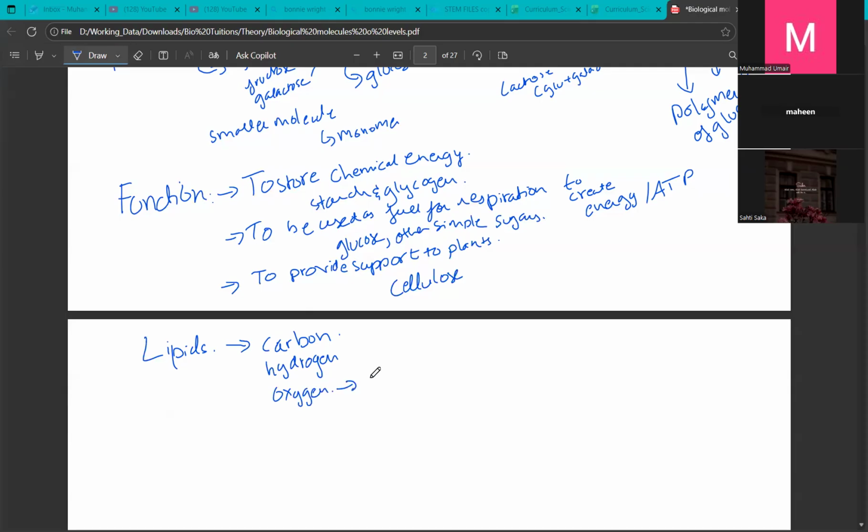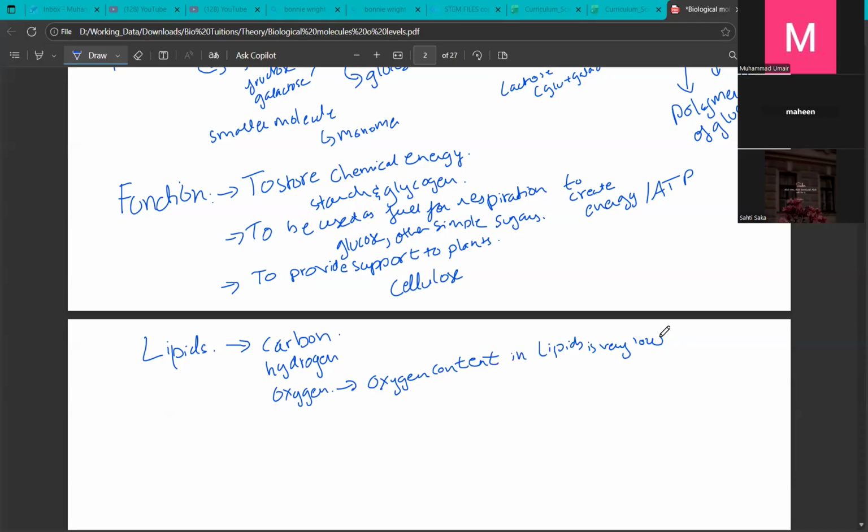But the oxygen content in lipids or fats is very low. Unlike carbohydrates, where there was a 2:1 ratio of hydrogen and oxygen being maintained, in lipids the content of oxygen compared to hydrogen and carbon is very, very low.